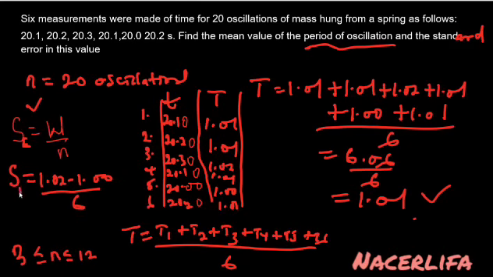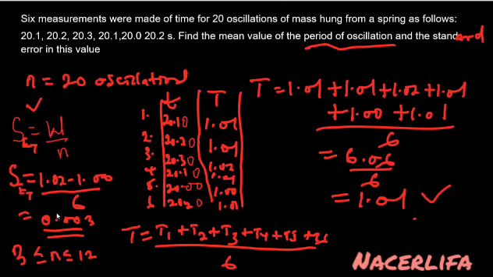So we have it as 0.003. This is 1 to 3: 3 times 3 is 12, minus 3. So this is the standard error of the period, and this is the mean period.